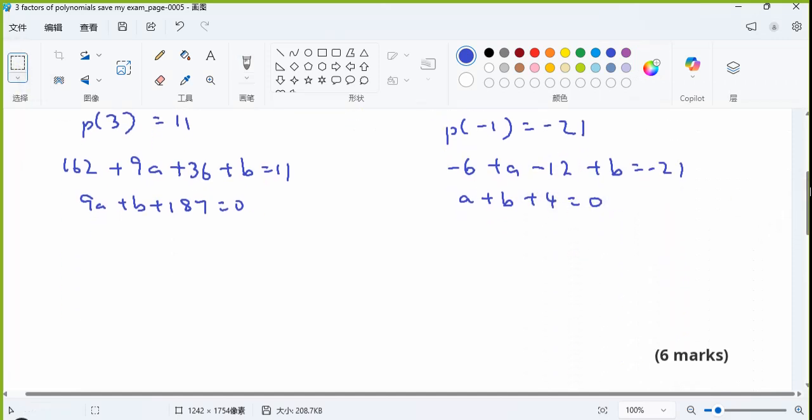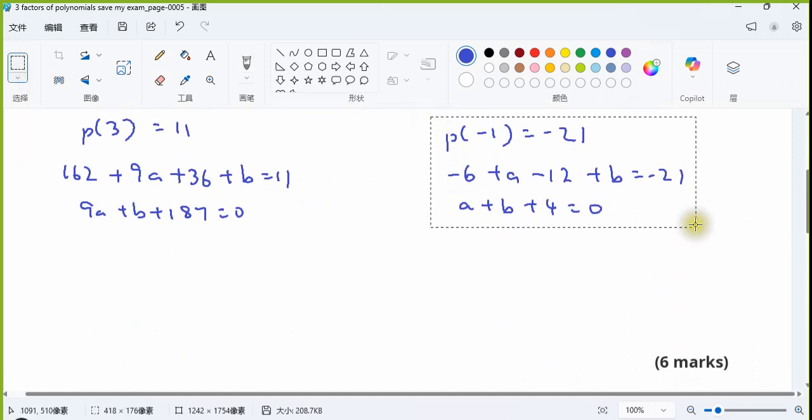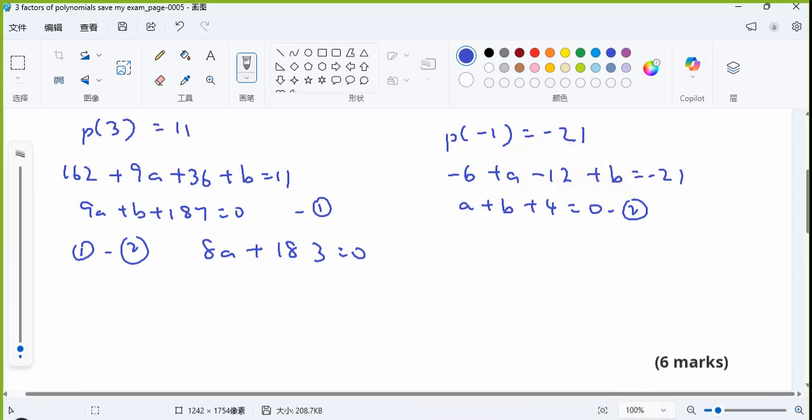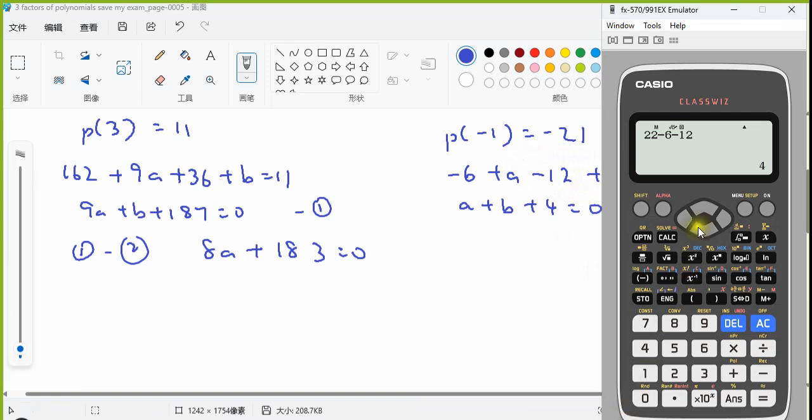Okay. So we have the equation 1 and equation 2. So use equation 1 minus the equation 2, then we have the 8a plus 183 equal to 0. Wait, this one will be 21, 21.